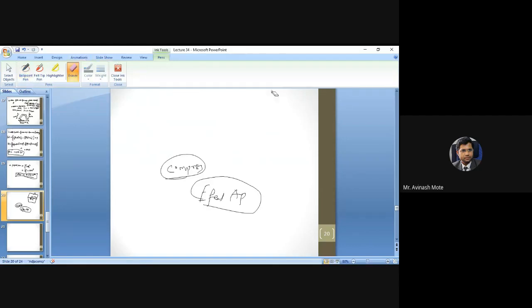But in injection molding, you cannot go the same way. If these are the two cavities, we are using a runner or gating system, a sprue and runner type gating system.